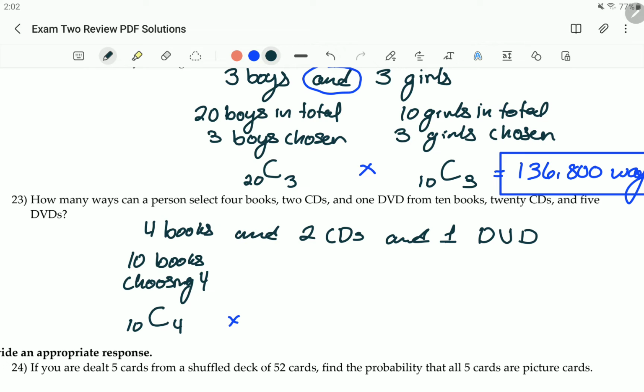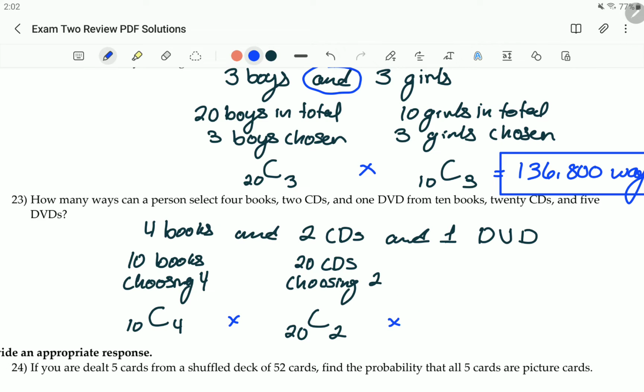We have a total of 20 CDs, you're choosing 2, and the order does not matter in how you choose those 2 CDs. So that's the combination of 20 CDs, choosing 2.